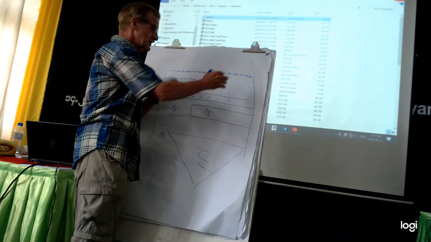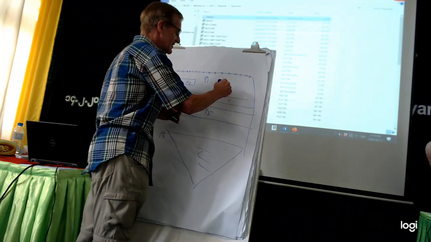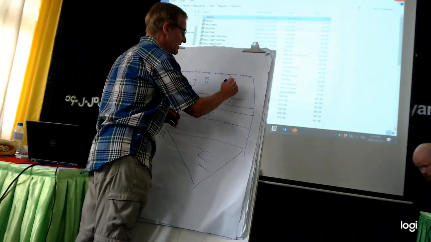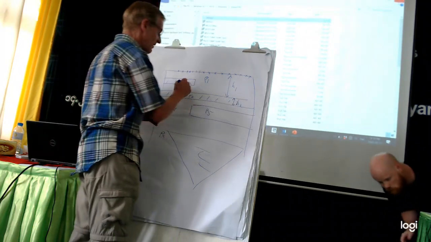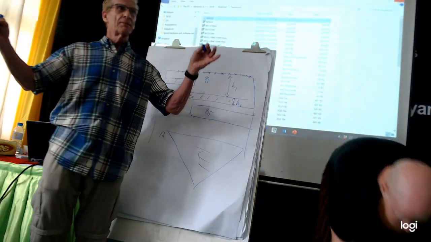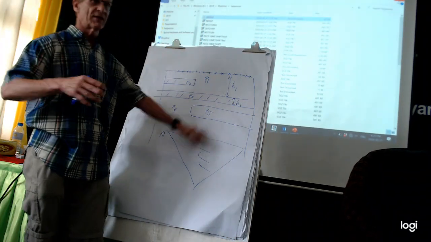That means you need to have estimates for what this thickness is here, H1, H2, right, and for the resistivities. You have to have some estimate for what these are.